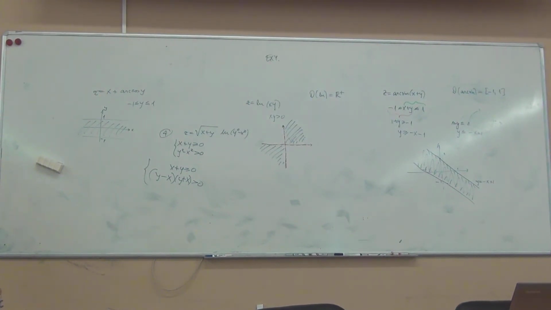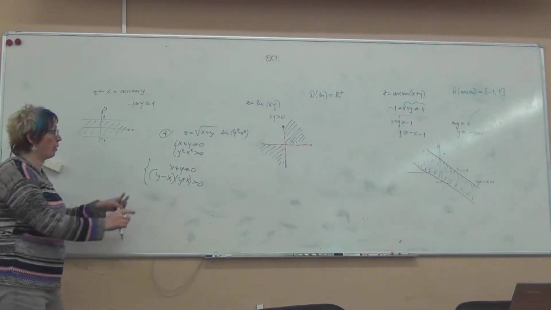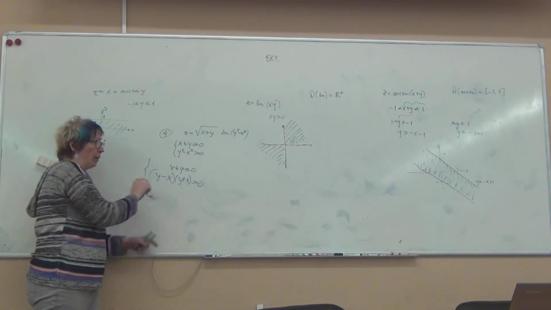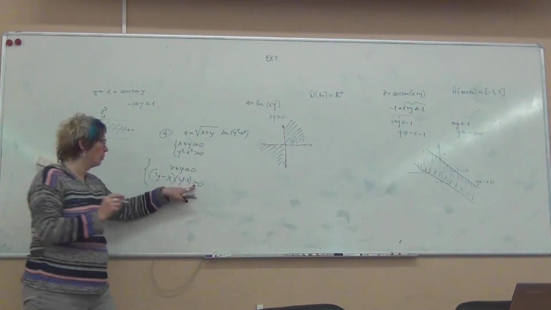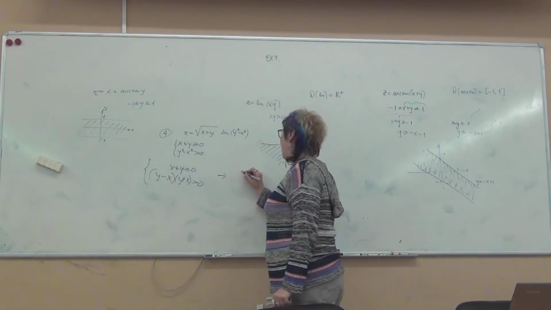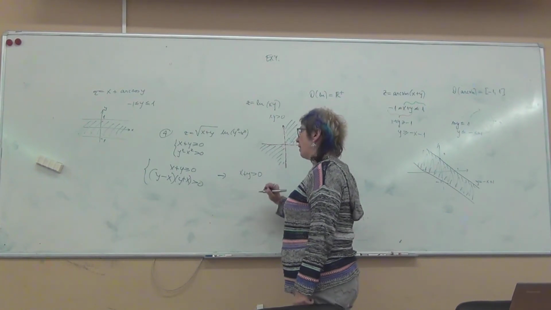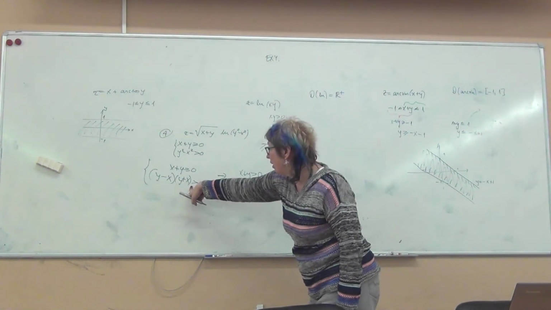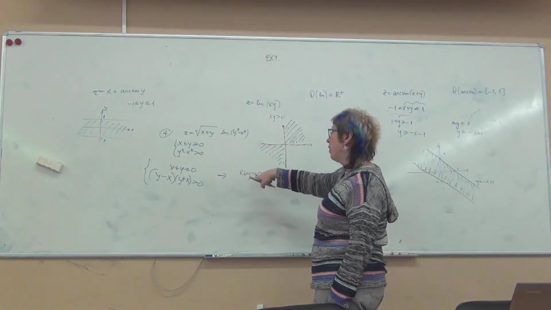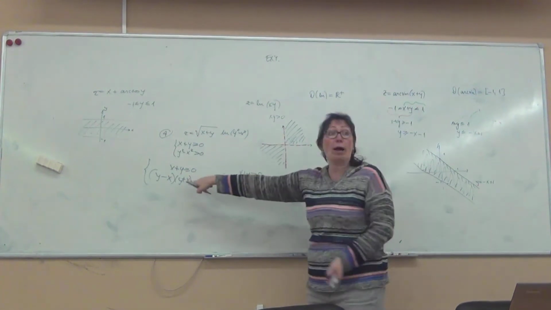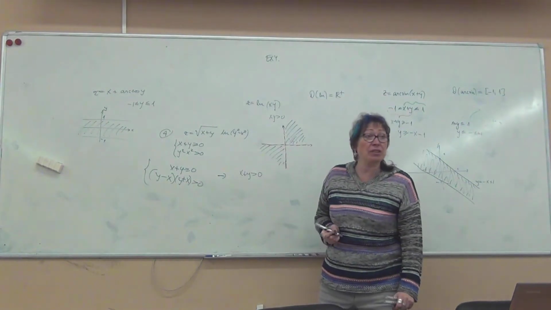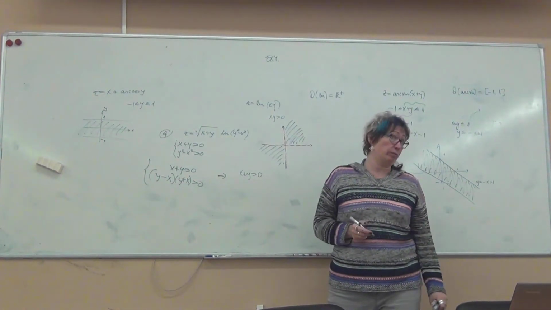That y minus x must also be positive, because we already know that x plus y is greater than or equal to 0, but it cannot be equal to 0. So x plus y must be greater than 0. It cannot be equal because of the second inequality, and because y plus x is positive, the other factor y minus x must also be positive.